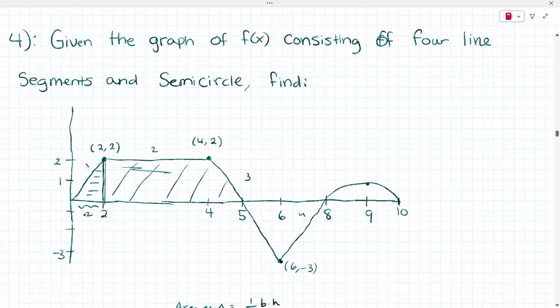So this is 5 to 8. This is also a triangle, right? Yeah, so that is the area of a triangle.